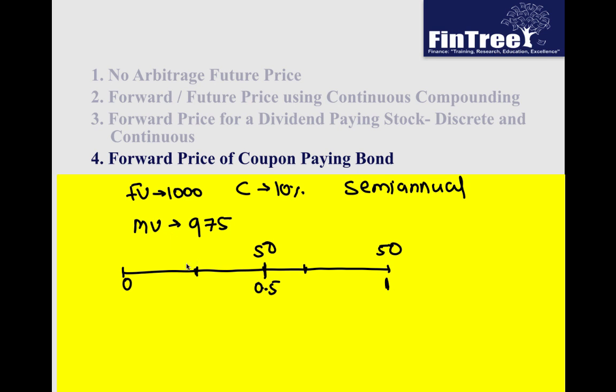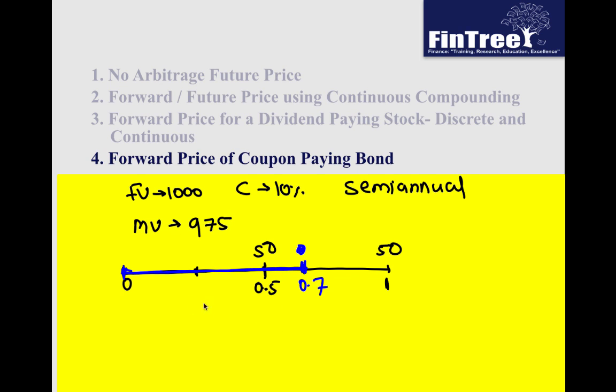Now what if we want to find a no arbitrage forward price which has a maturity of 0.7 years? We are going to do calculations in fractions of a year, so the maturity is 0.7 years.